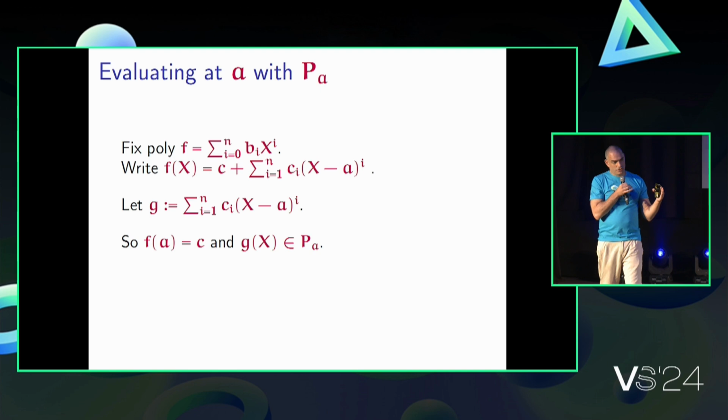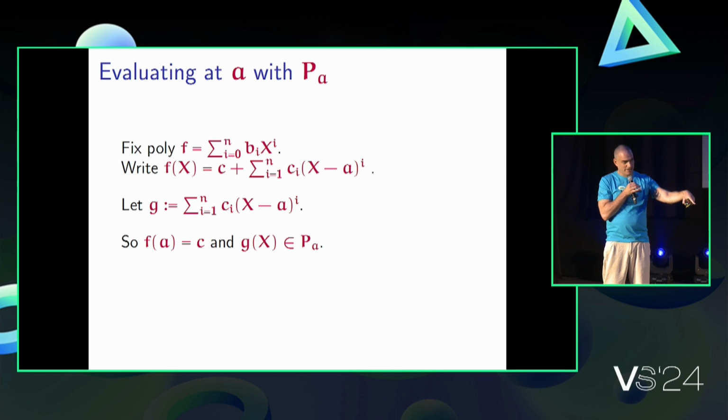So substituting a inside these equations, we can see that g is going to be 0 on a, right? Because all these monomials, (x minus a) to the i, are going to be 0 at a.